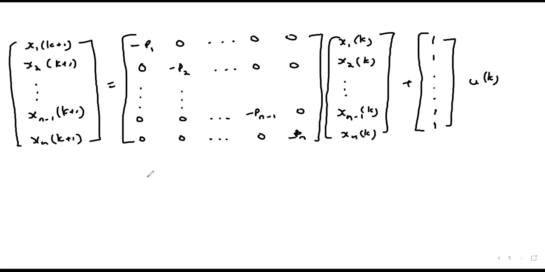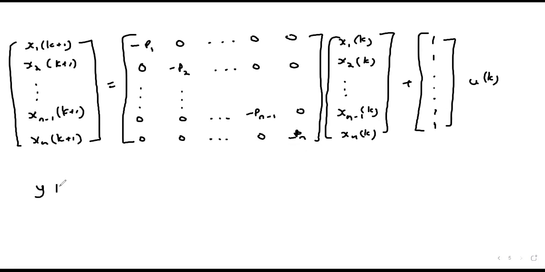That's our state equation, where the matrix G is a matrix of all terms being 0 apart from the terms on the major diagonal, which are the negated terms of the poles of the given pulse transfer function. The matrix H is a matrix of all terms being 1s.